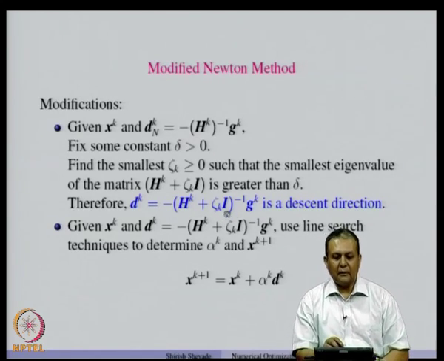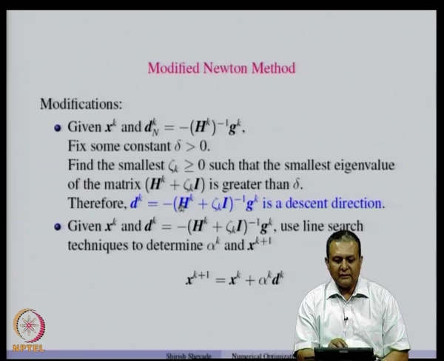Now, remember that this zeta k has a very important role to play here. If zeta k is very large, then that dominates this expression Hk plus zeta k I, and the method behaves like a steepest descent method. So, the order 2 convergence of Newton method is lost, but if zeta k is small, then Hk will be the dominant thing.